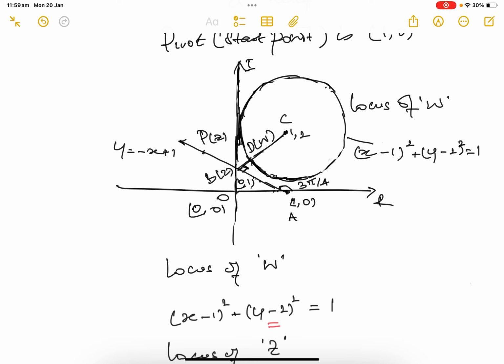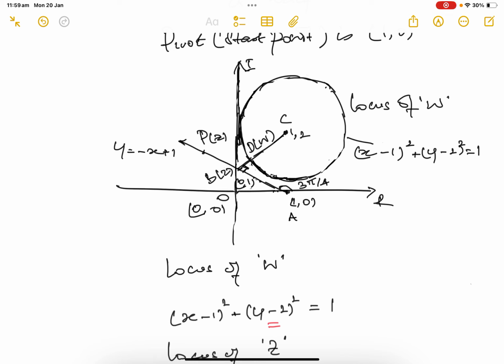Okay, it's a circle, center (1, 2), and the radius is 1, therefore it will touch the imaginary axis there. The circle is the locus of w.